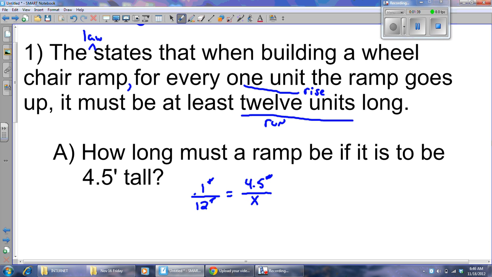You can cross multiply, which is a good way, and you'll get x equals 4.5 times 12. Well, 4 times 12 is 48, and a half times 12 is 6, so that must equal 54. So the answer is 54 feet long. That's one really good way to do it.